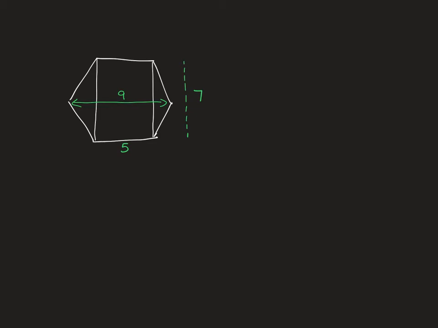So first we could deal with one little triangle. So what would the dimensions of the triangle be? If we have base times height divided by 2, this would become 7 times 2 divided by 2, because the 7 is this bottom part.